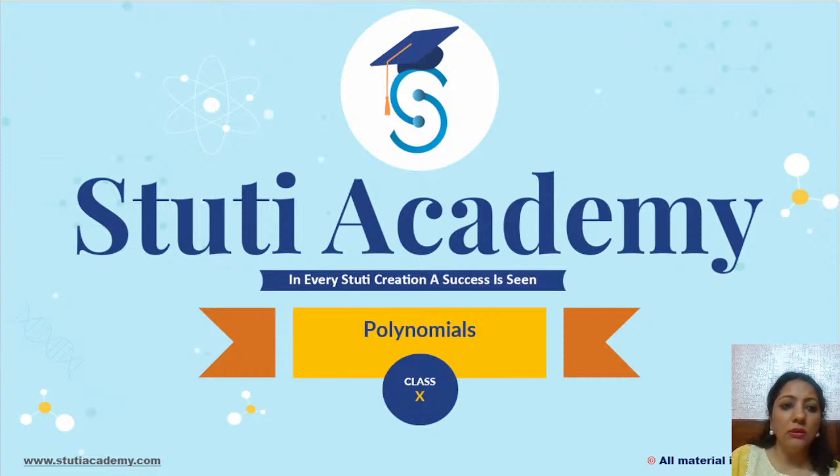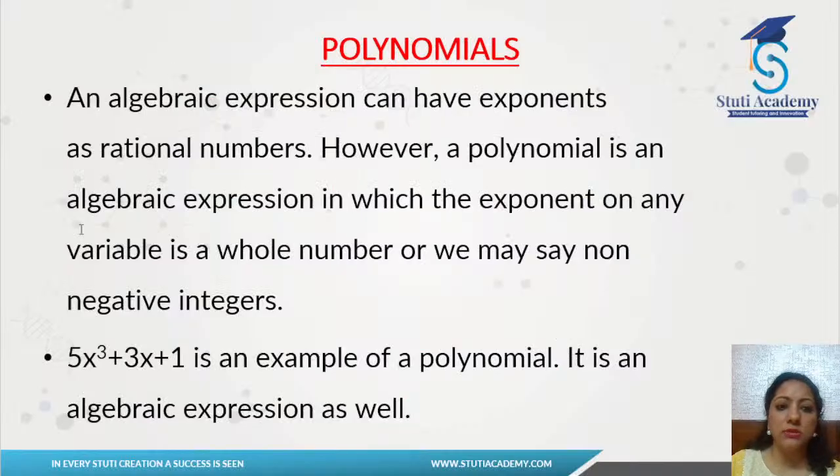So a polynomial is an algebraic expression in which the exponent on any variable is a whole number, or we may say non-negative integers. Whole numbers start from 0, 1, 2, 3, 4 and so on. So that's the difference between algebraic expressions and polynomials.